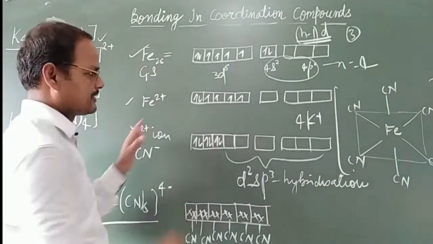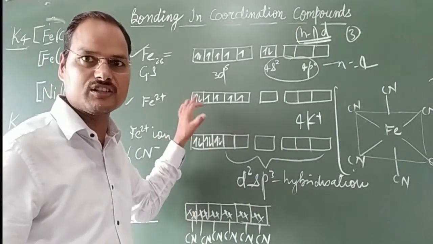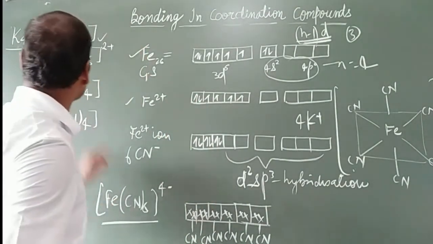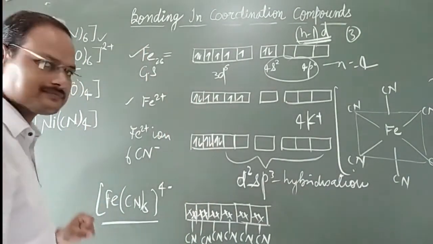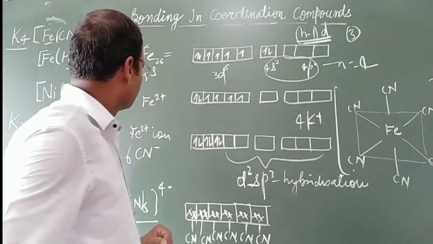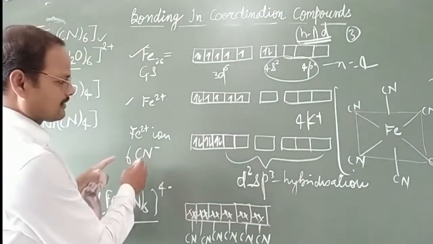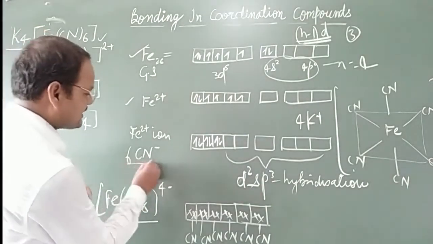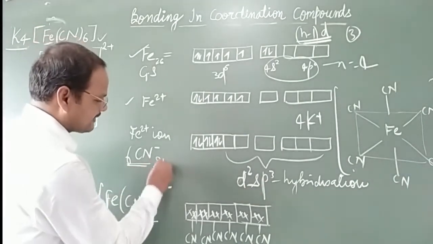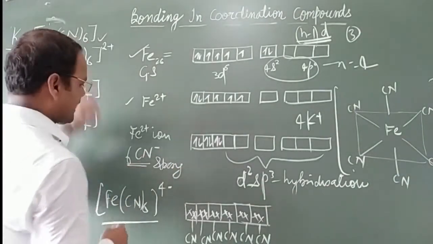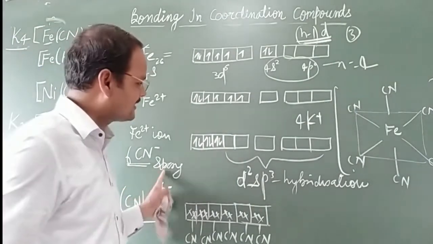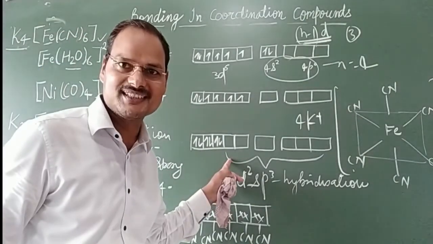Once again, is it clear? It is clear to all because already I have explained all these things. Now in this compound, once again see one very important concept I am explaining here. CN is a strong ligand here. In this example, CN is a strong ligand and that's why pairing is taking place.